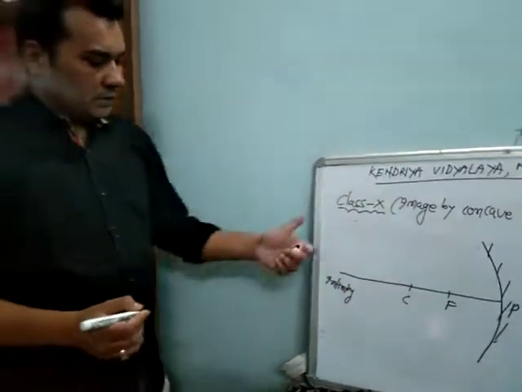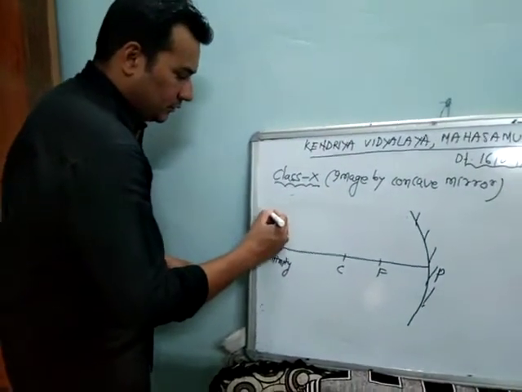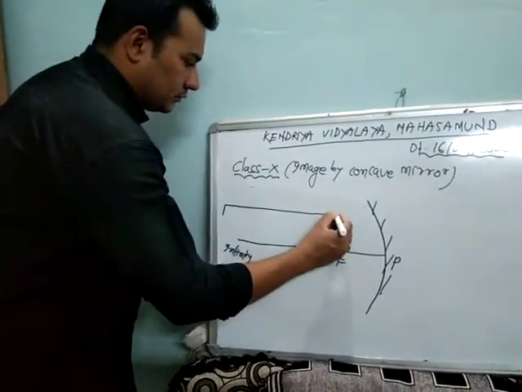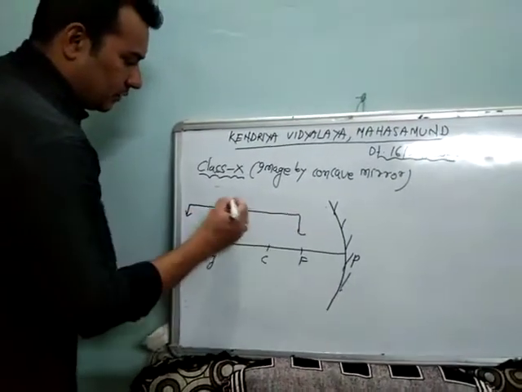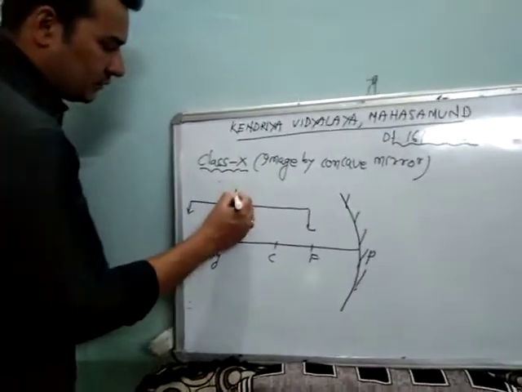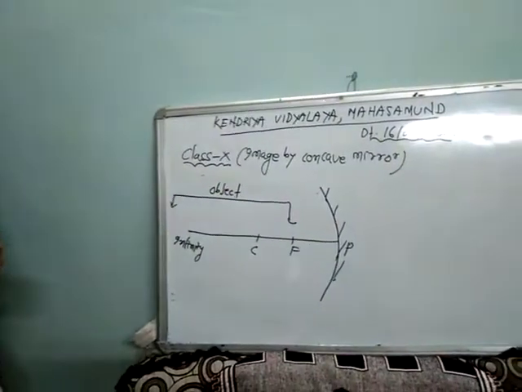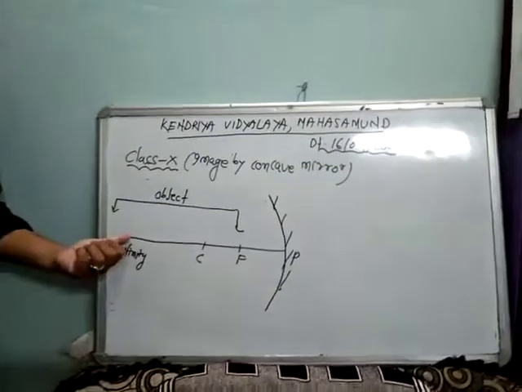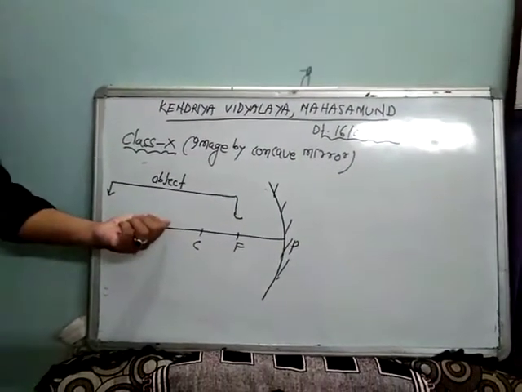So in a concave mirror, if the object is from infinity to focus, there are 5 cases. What are the 5 cases? First case is object at infinity. Second one is object just beyond the center of curvature.